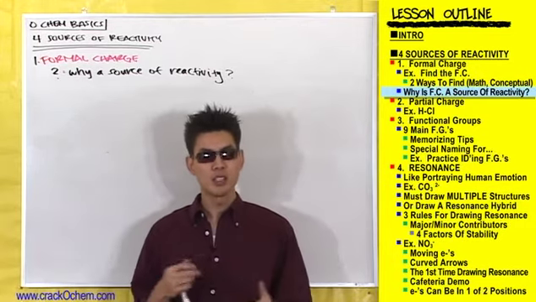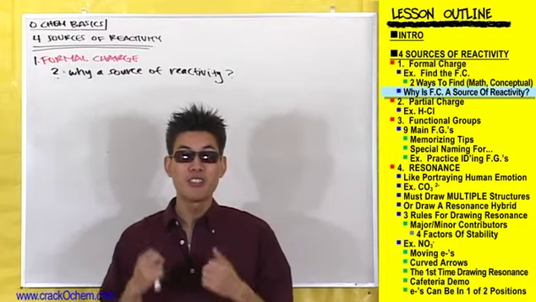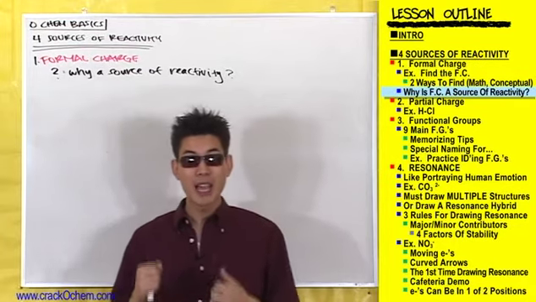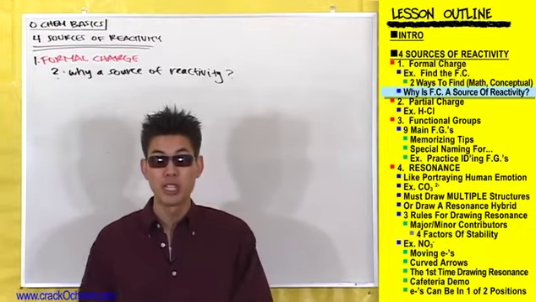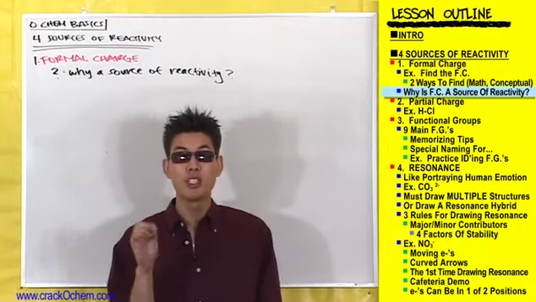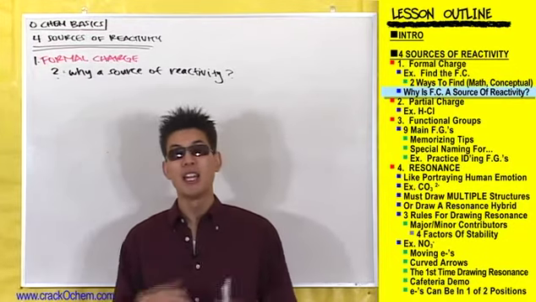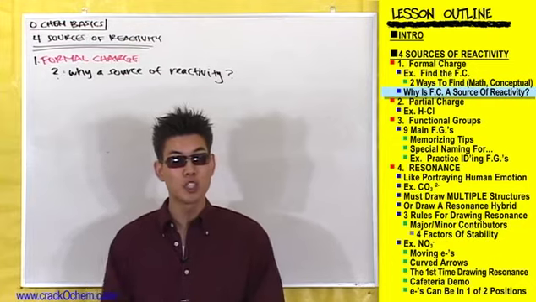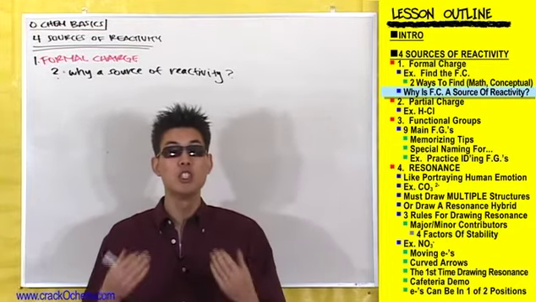So, hey you guys, how does this relate to formal charge? Well, let me just tell you that charges are very, very unstable. If an atom has a formal charge on it, and by formal charge I mean a full positive or a full negative charge, then that atom is going to do whatever it can to get rid of it. It's going to react. It's going to make bonds or break bonds to try to get rid of that charge, because the goal of all atoms is to be neutral.